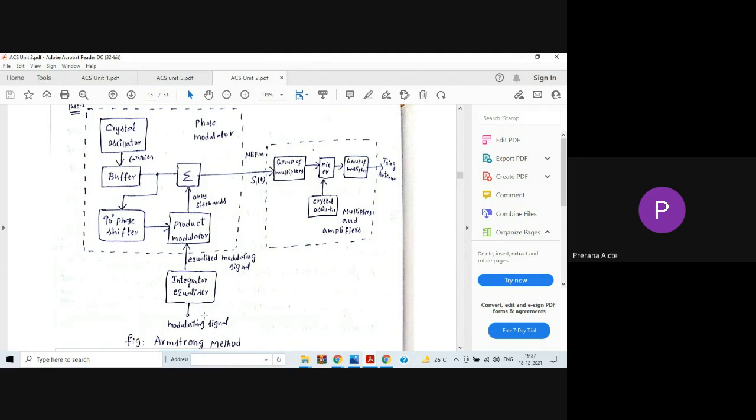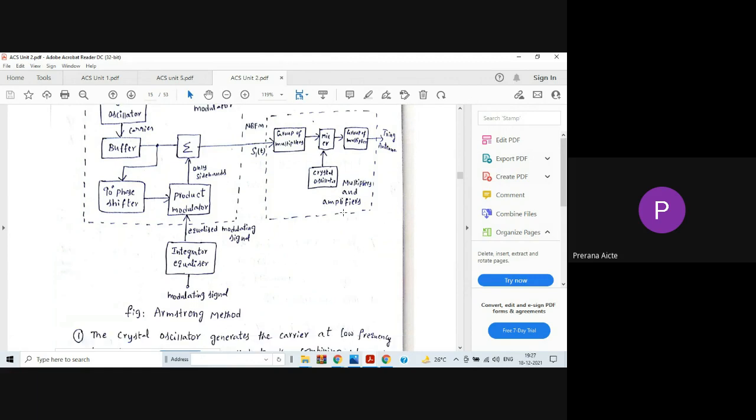Then through here we apply the modulating signal, which are added in the summer, right? So what is that? The product modulator produces two side bands. Okay, they are in 90 degrees phase shift to each other. Then at the output of the combining network, we are getting the frequency modulated signal.